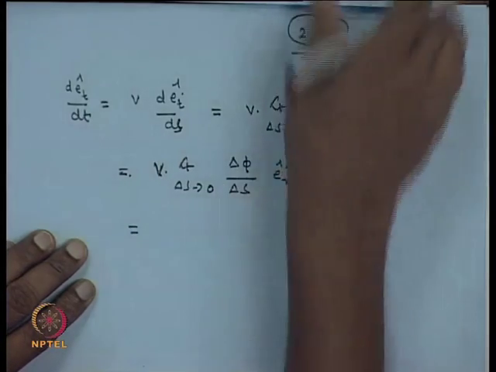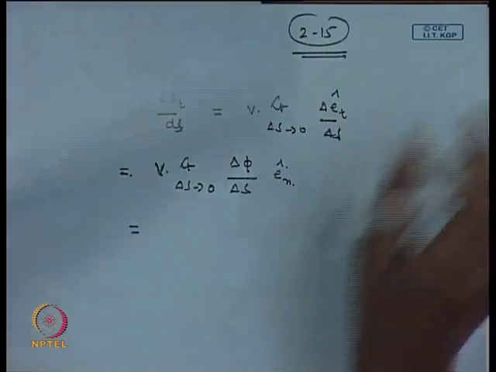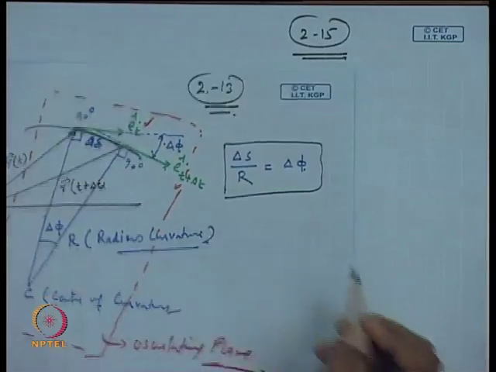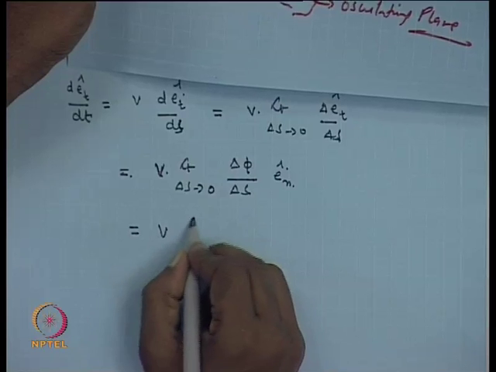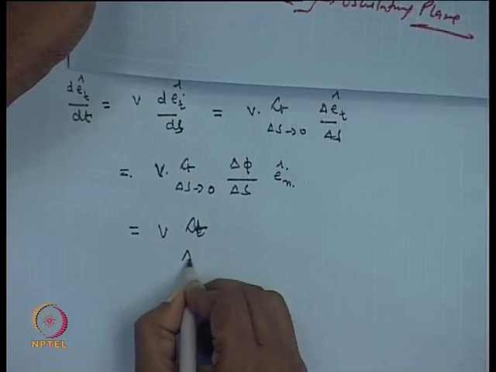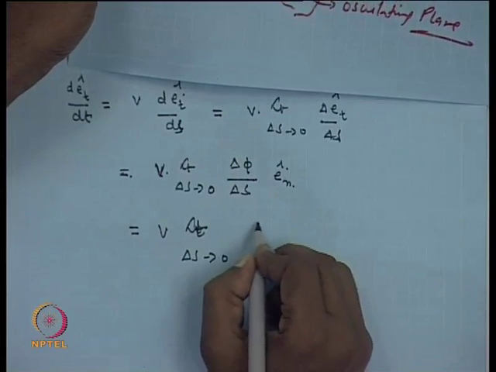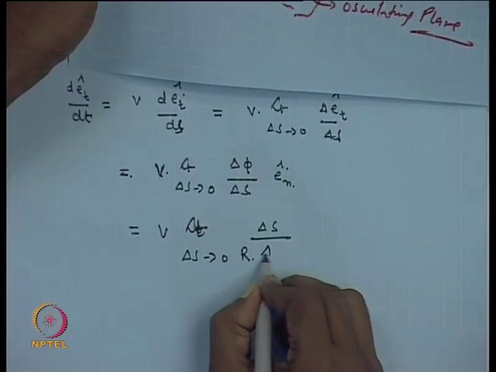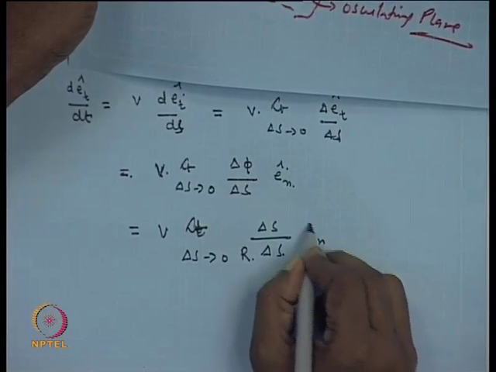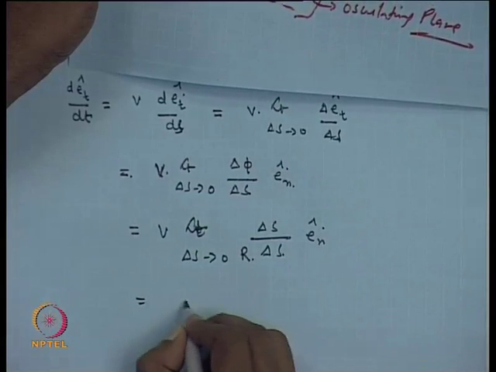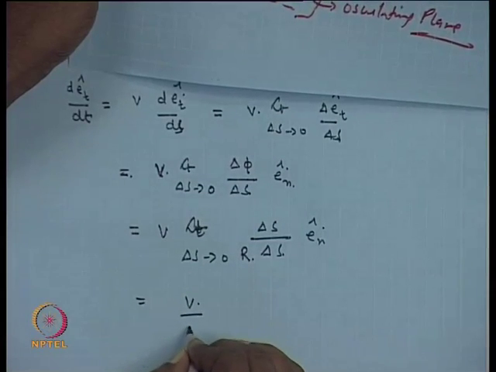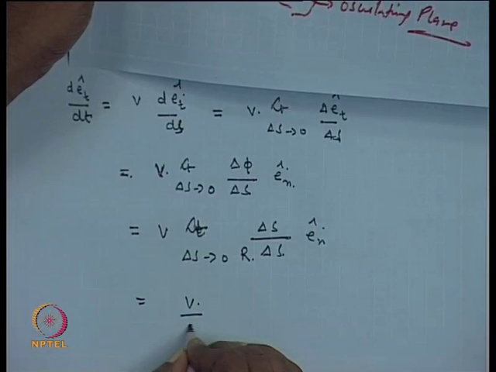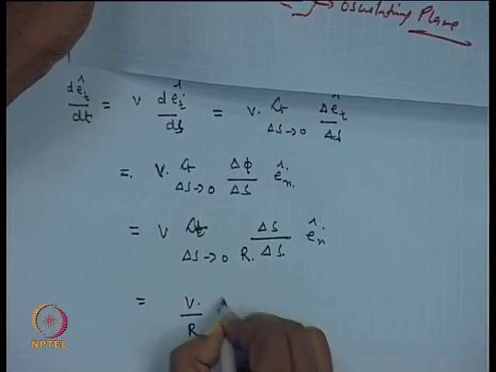And now delta phi, we know from this place, is nothing but delta s by r. So, we insert here V is equal to the limit delta s tends to 0, and delta phi is delta s by r. So, this becomes V by r times En cap.